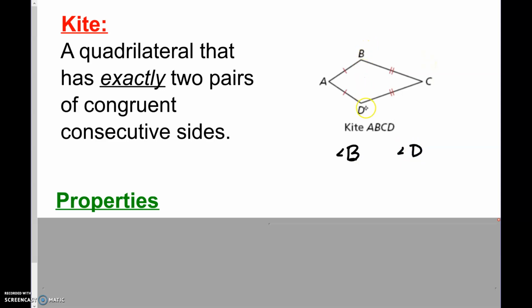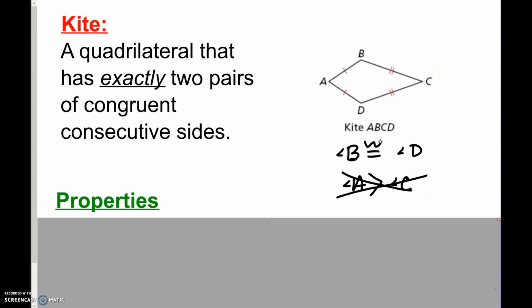Angle B and angle D look like they're pretty close to being congruent. And if you look at angle A and angle C, do they look closer? I would say no. To me, angle A definitely looks bigger than angle C. So this does not work for A and C, but if you look at B and D, they are congruent.